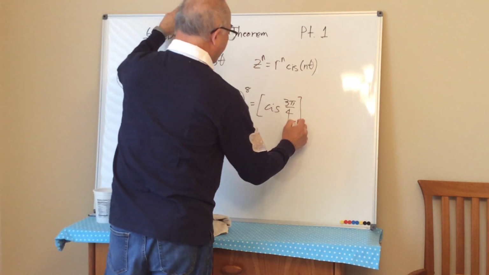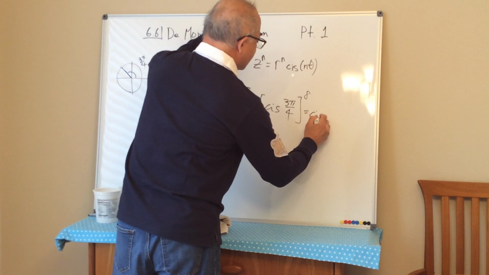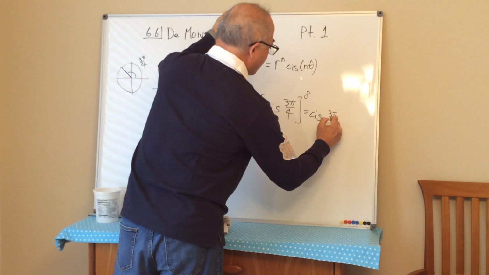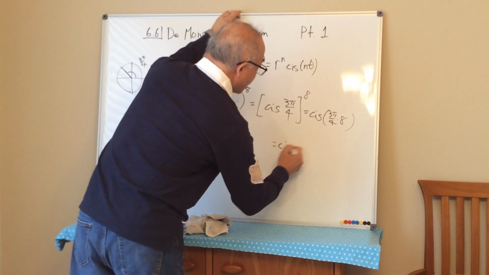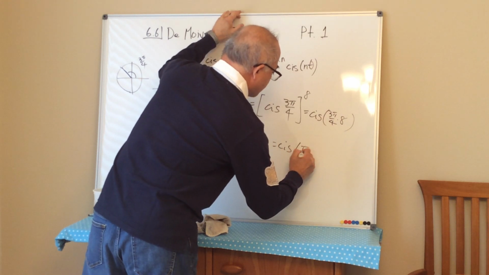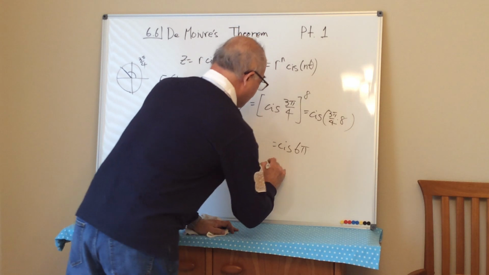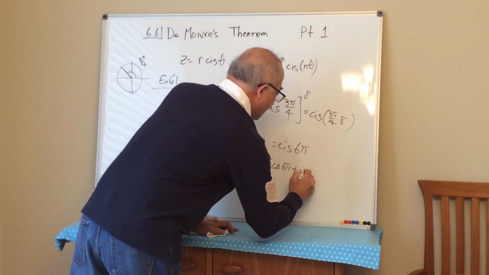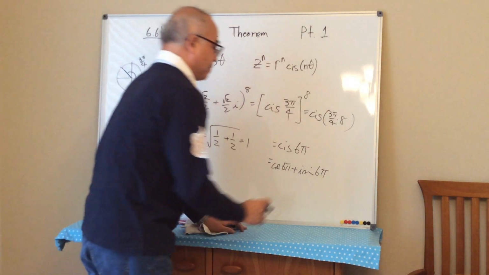And now I want to go ahead and do that. So this is going to be nothing more than CIS 3 pi over 4 times 8, which is CIS 6 pi, I guess, which is going to be equal to cosine 6 pi plus i sine 6 pi, right?